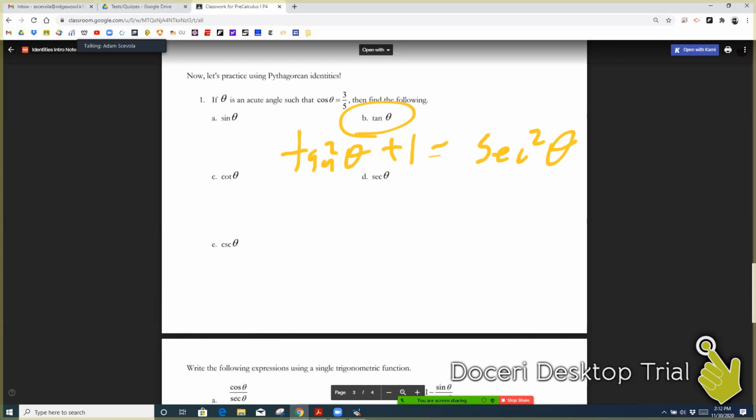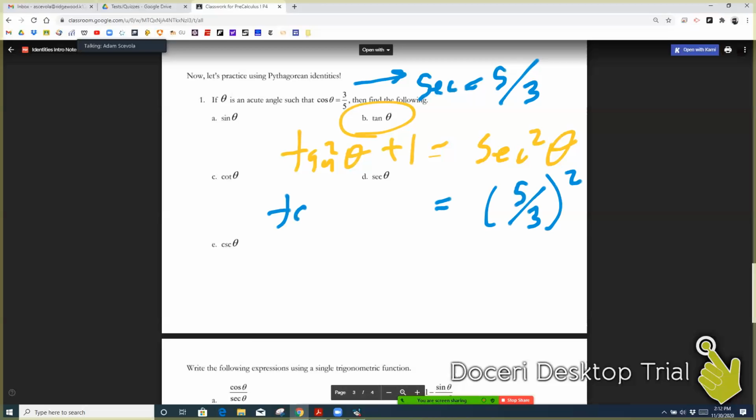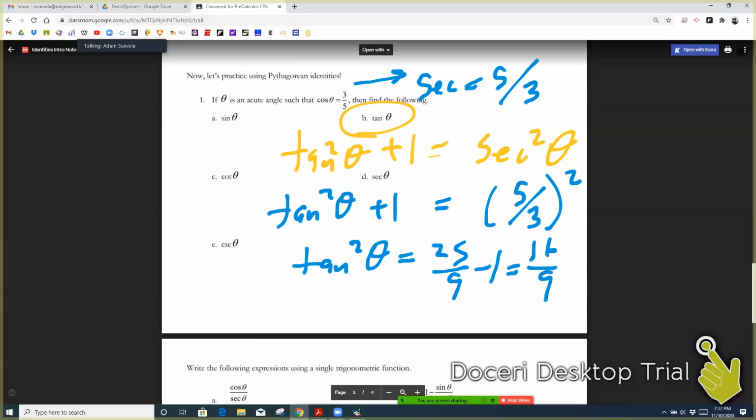Well, if I know cosine is equal to 3 over 5, then secant is equal to 5 over 3, which means that secant squared would be equal to 5 over 3 squared. So we get tangent squared of theta is equal to 5 over 3 squared, so 25 over 9, minus 1, which is 16 over 9, right? Because that's 25 minus 9 over 9.